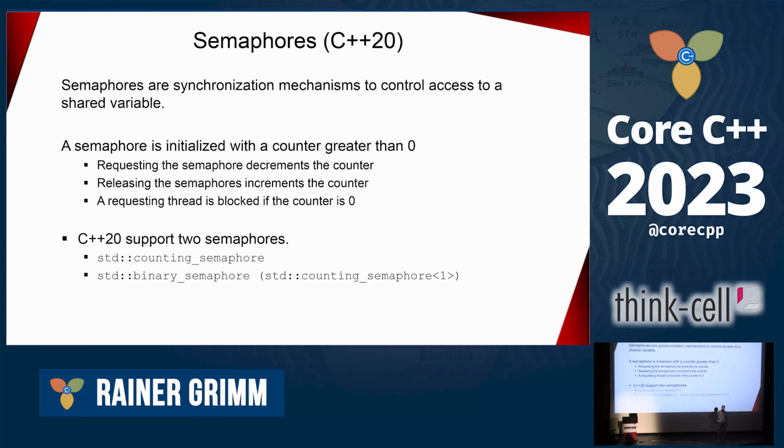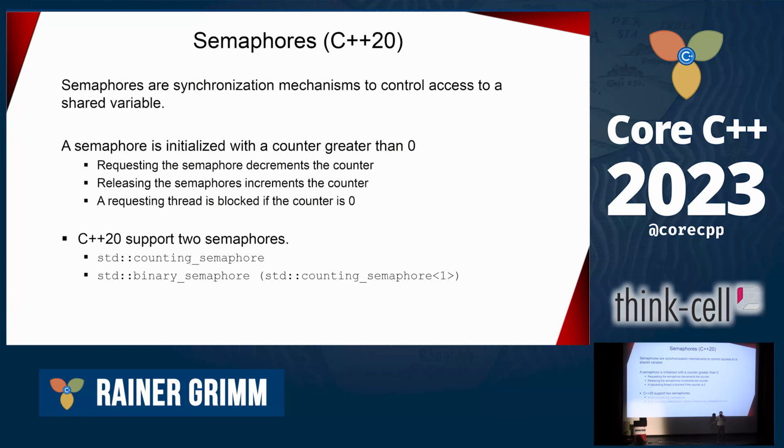When the count is 0 and you want to have this semaphore, you are blocked. You can also see it a little bit like a generalized mutex. And we have a specialization, binary semaphore. So we have a counting semaphore and a full specialization.